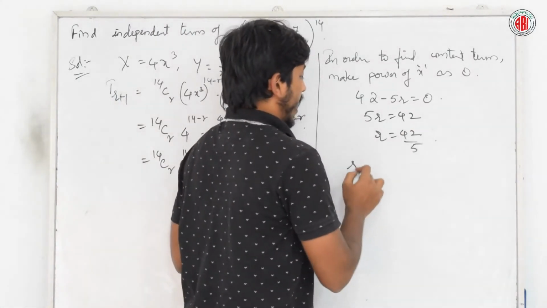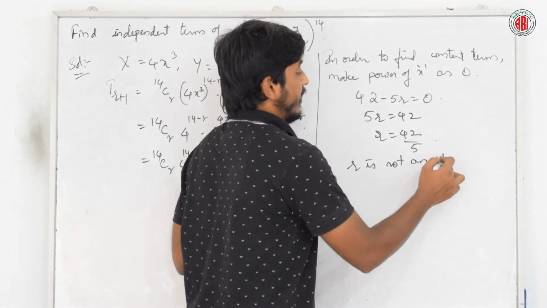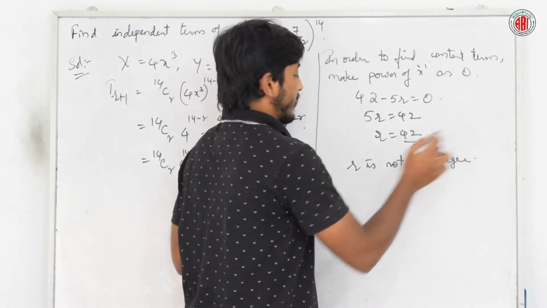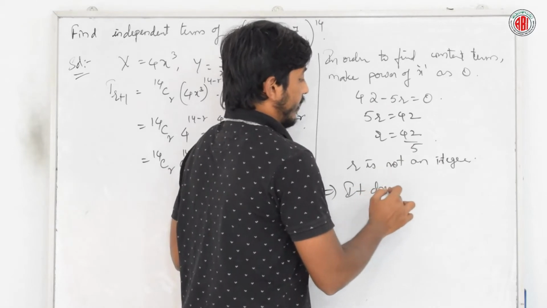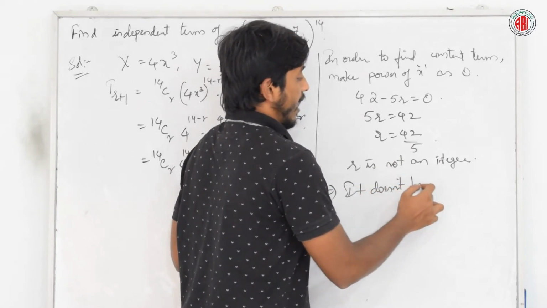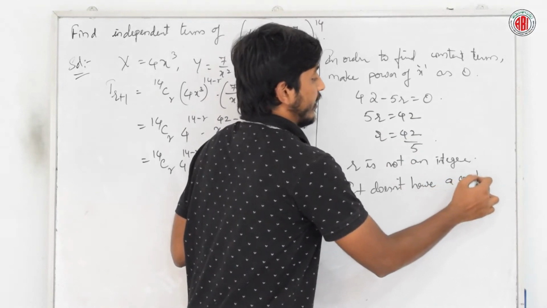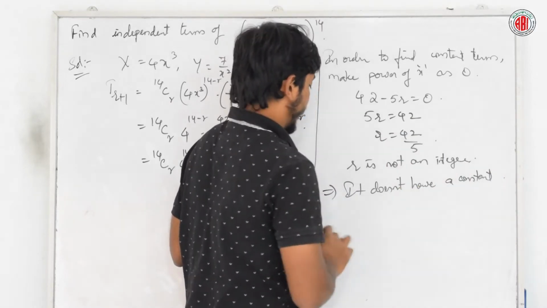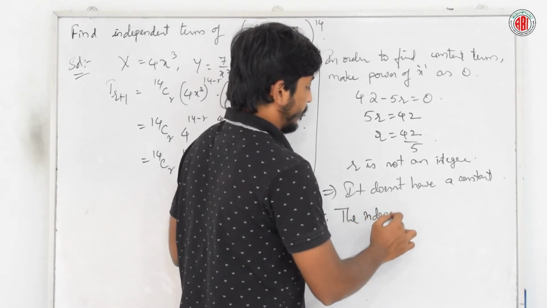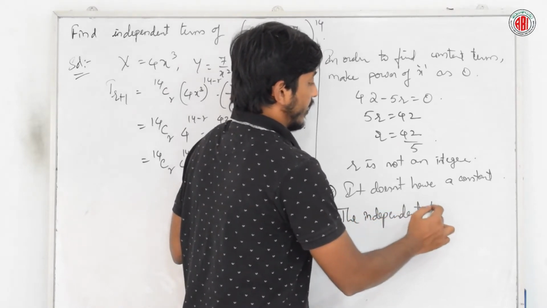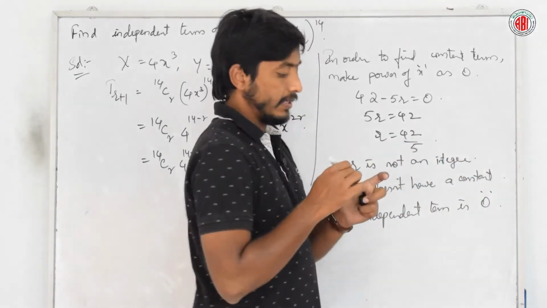So r is not an integer, so it doesn't have a constant term. Finally, therefore, the independent term is 0. Is it right?